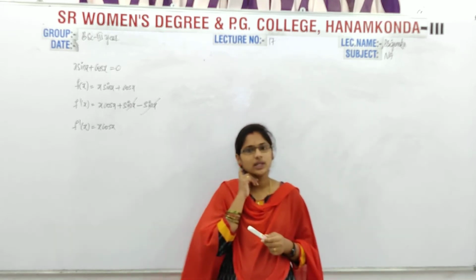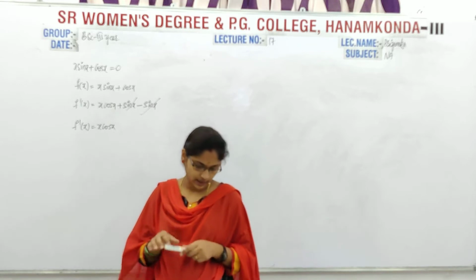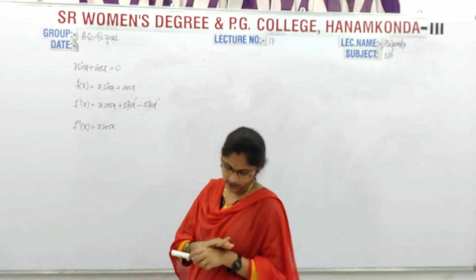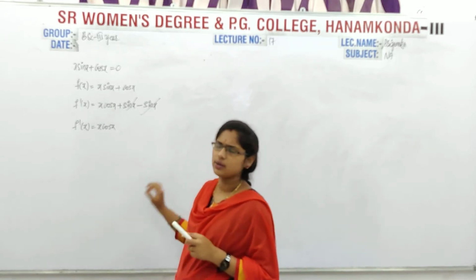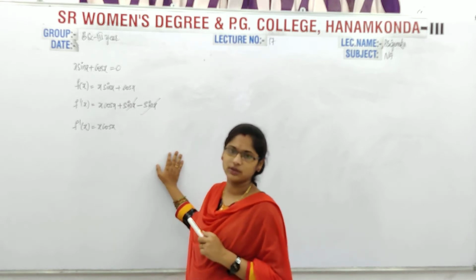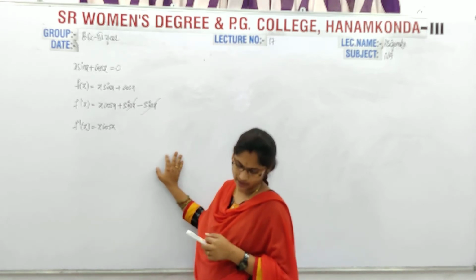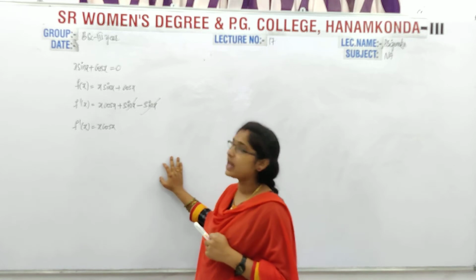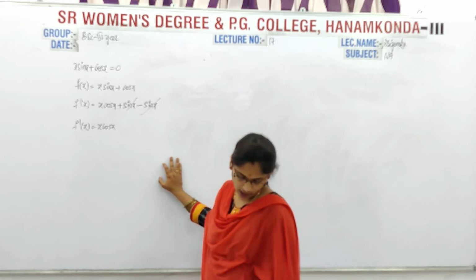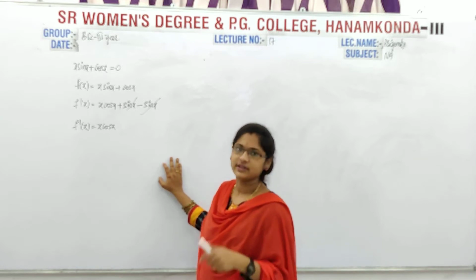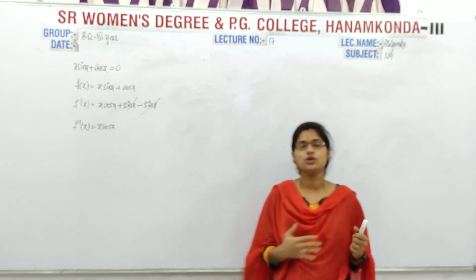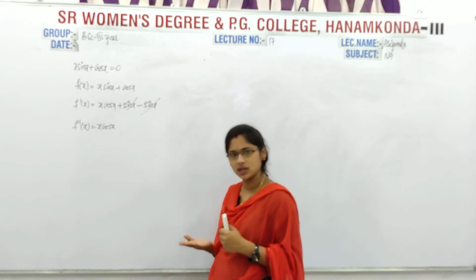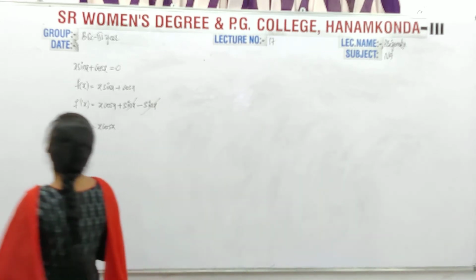So here they took the value of x naught as pi. Of course you can take 0, 1, 2, 3, 4 and so on. But for 0, 1 and 2 we will get only negative values, and for 3 we will get some positive values. So you can take the interval as 2, 3 also.